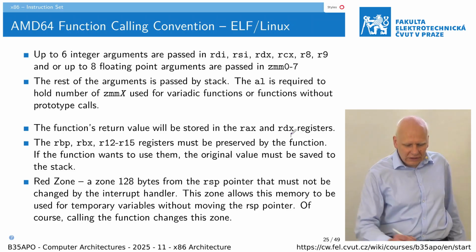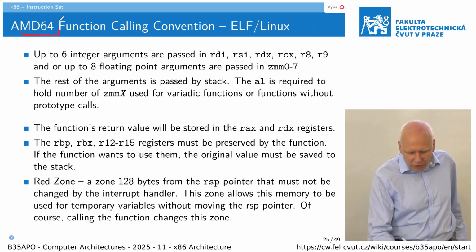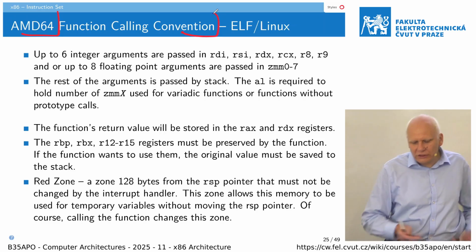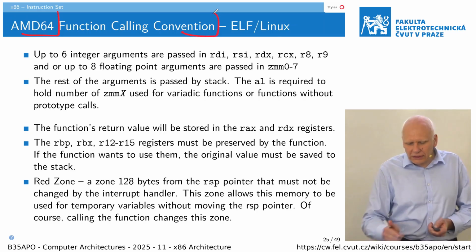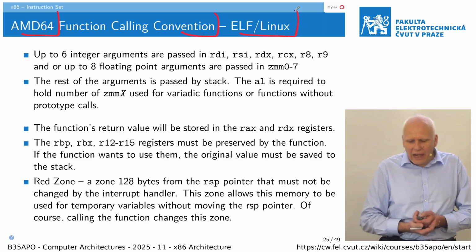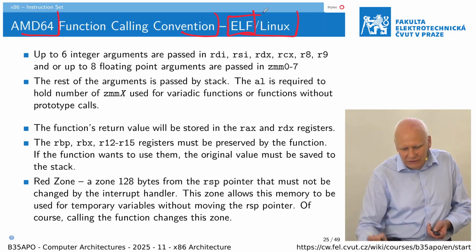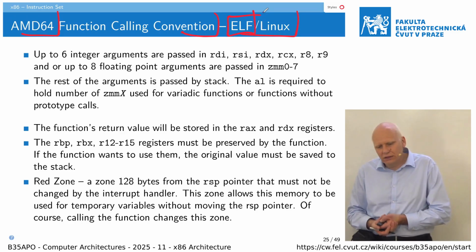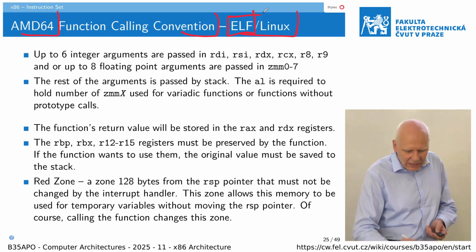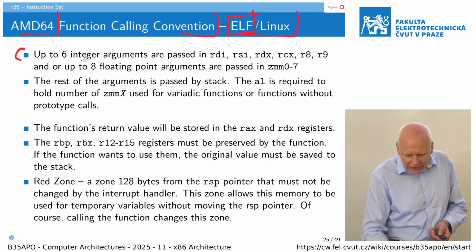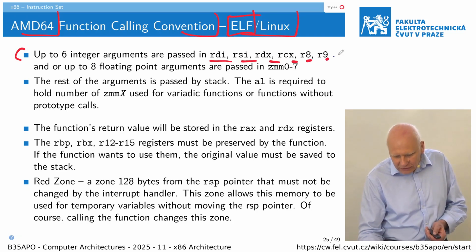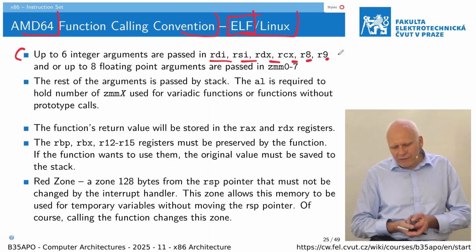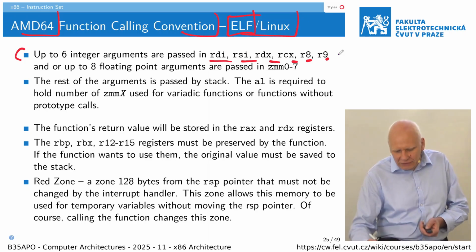So for this reason, in the 64-bit mode, the calling convention has been changed. It is different for Windows and different for the ELF standard systems like BSD or Linux and so on. In this case, up to 6 integer arguments are passed directly in registers, and we have not only 8 but 16 registers.